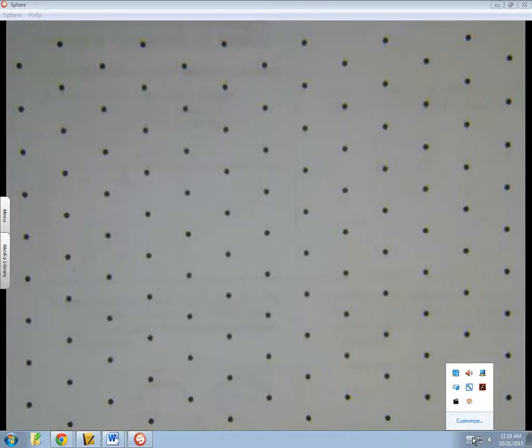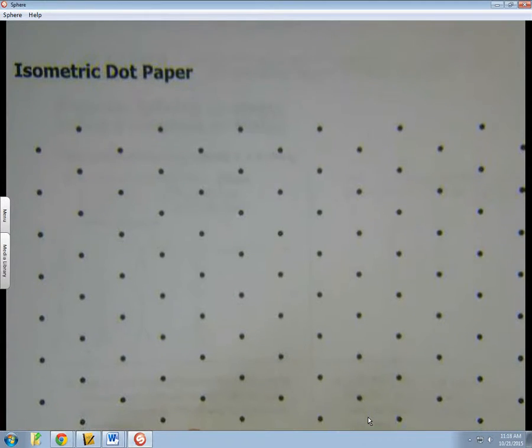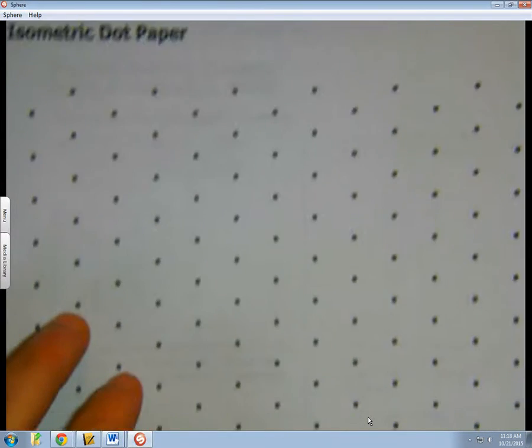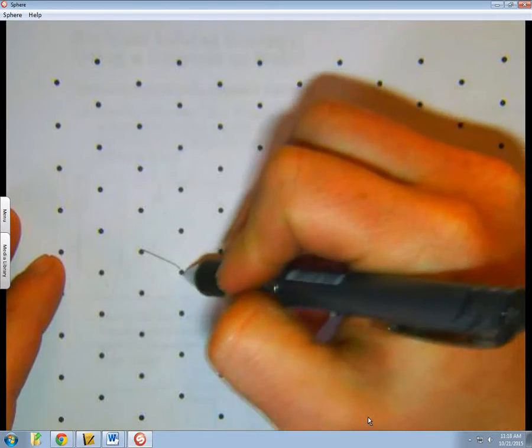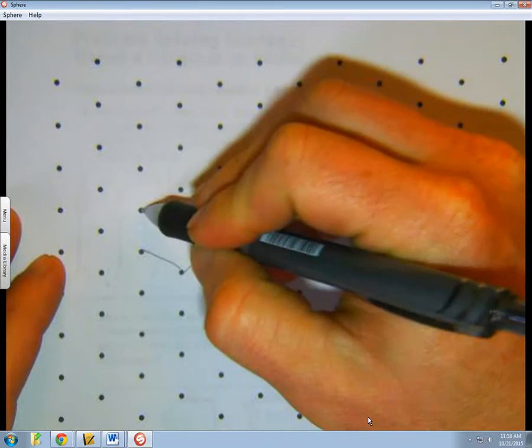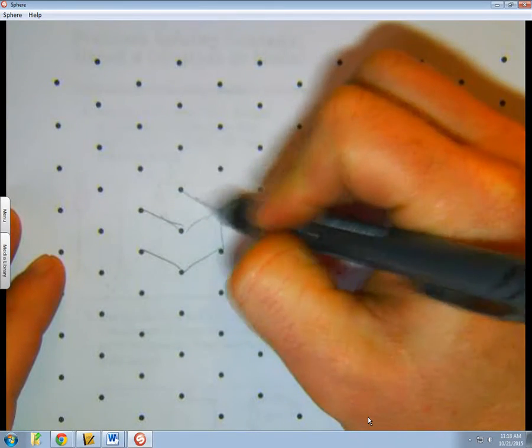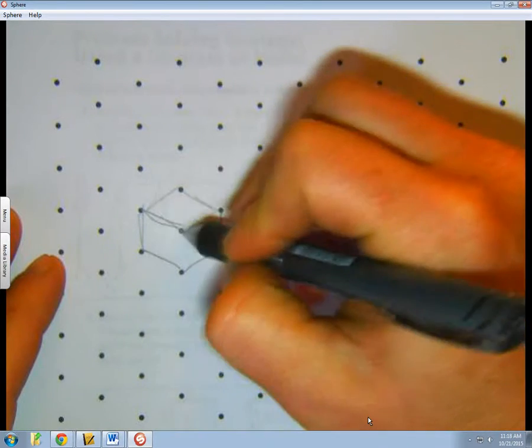Alright, so this is isometric graph paper. We're going to just show you how this works, and then we'll let you play around a little bit. So I'll kind of draw this in the upper left hand corner, and this is how this guy works. So there's a cube, right?